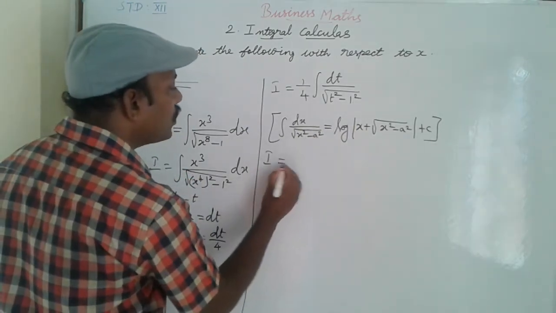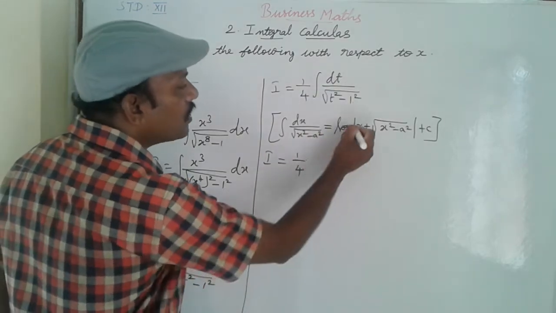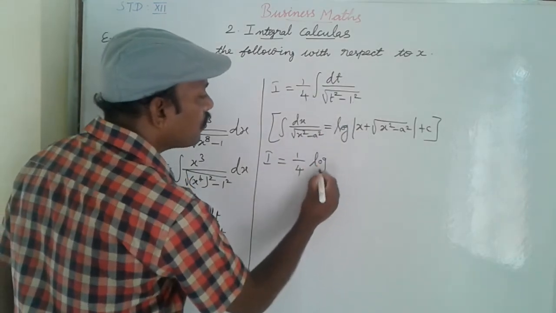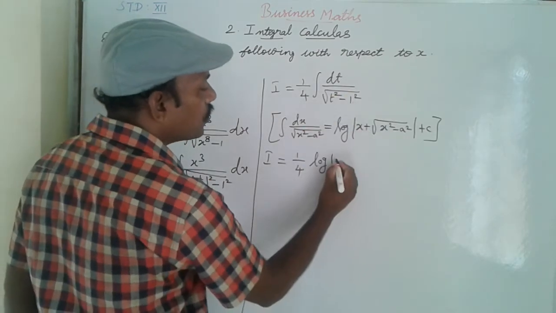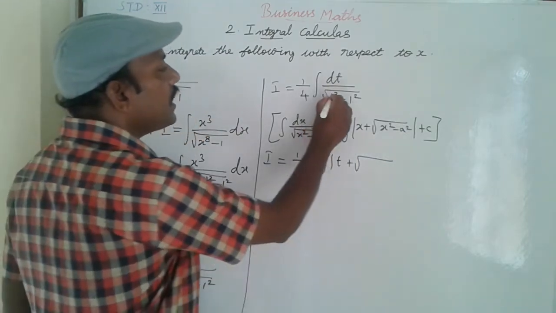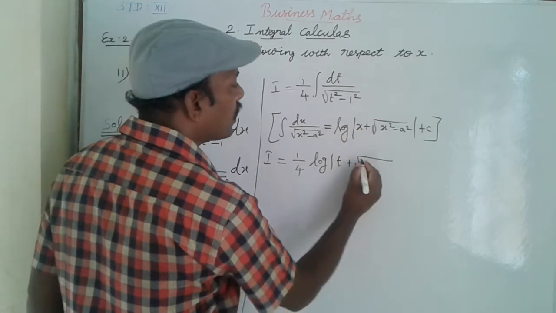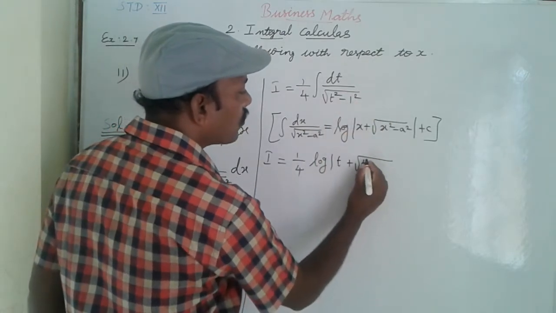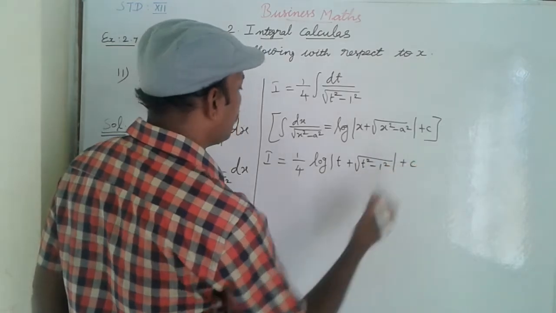I equal to 1 by 4. Integrating, the value is log of modulus, x is t, so t plus root of t square minus 1 square, a is 1, so 1 square, plus c.